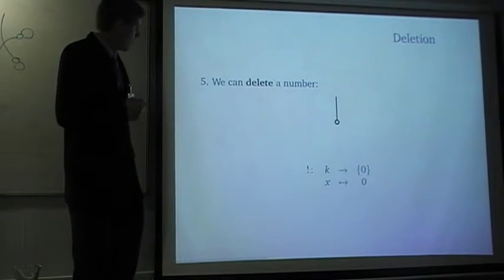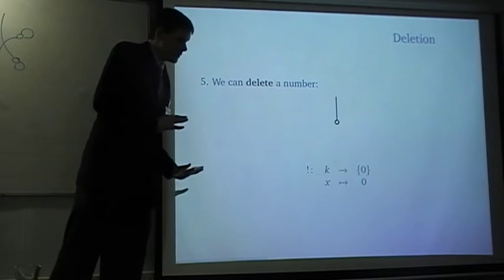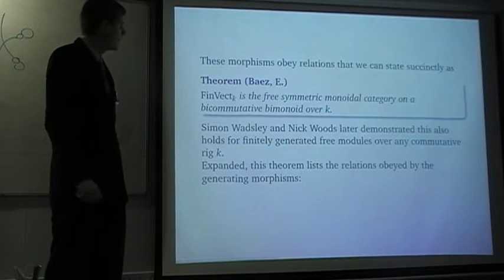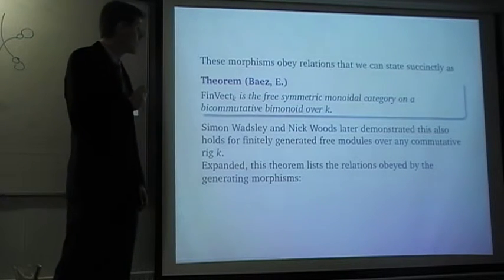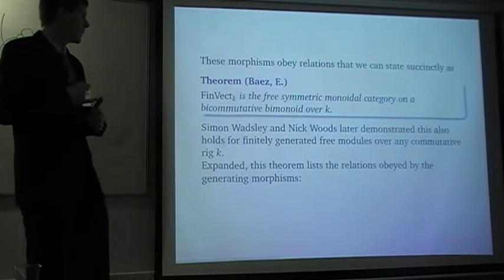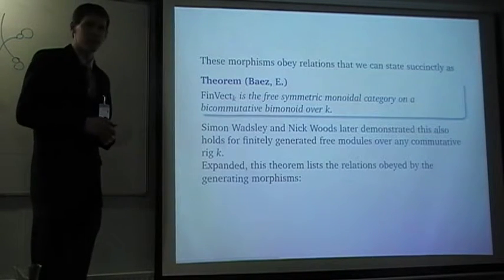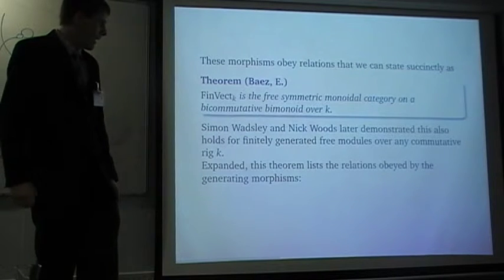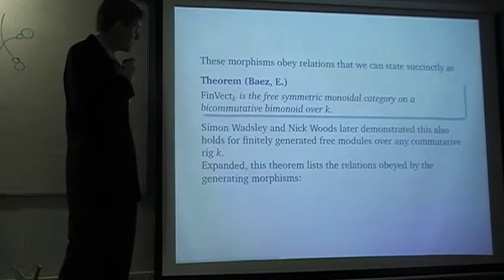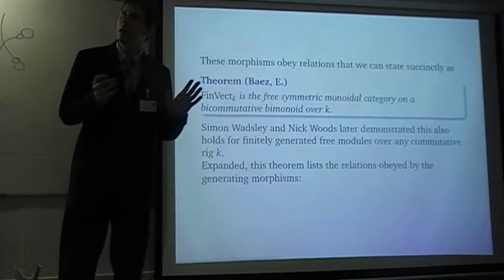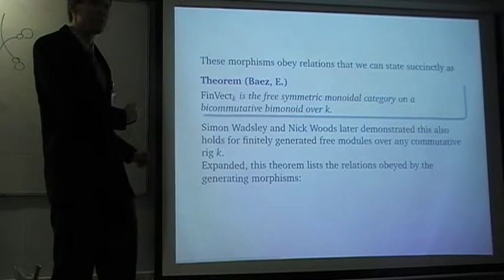And those 5 pieces are basically what are going to give us the category FinVect, which is the free symmetric monoidal category on bicommutative bimonoids over the field K. So basically what that means is we've got a bunch of relations that these generators are going to satisfy.